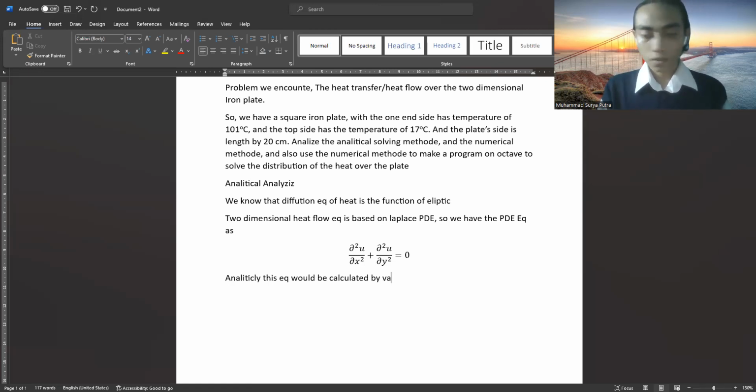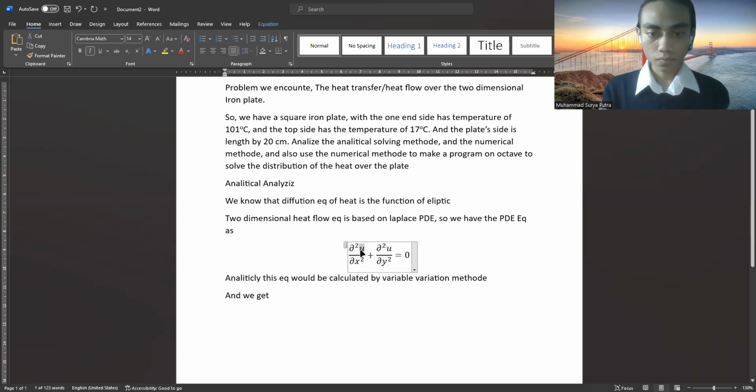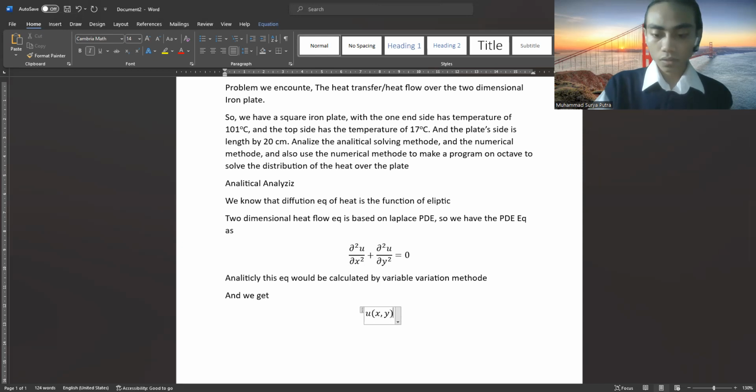We get u of x and y equal to X, a function of x, times Y, a function of y.